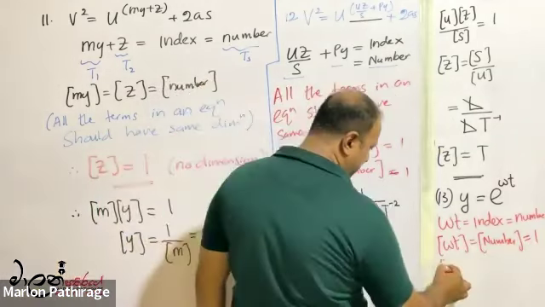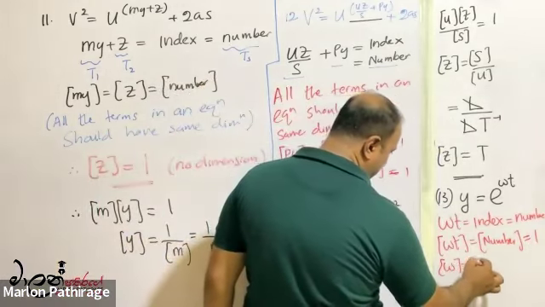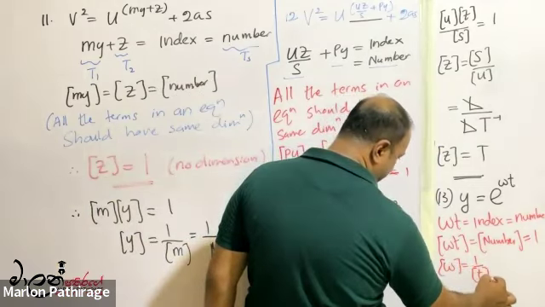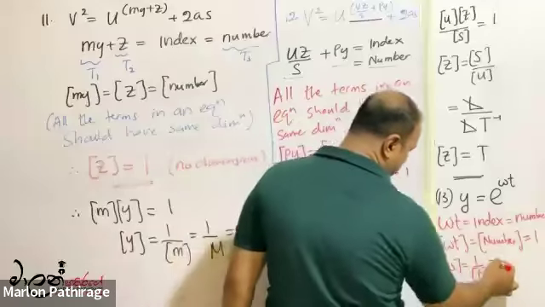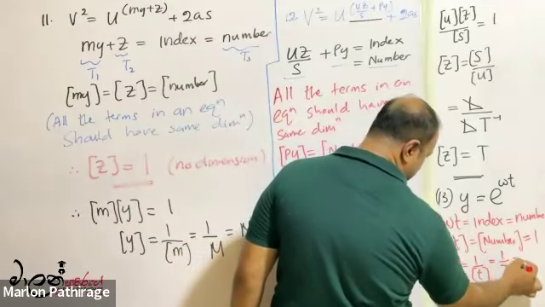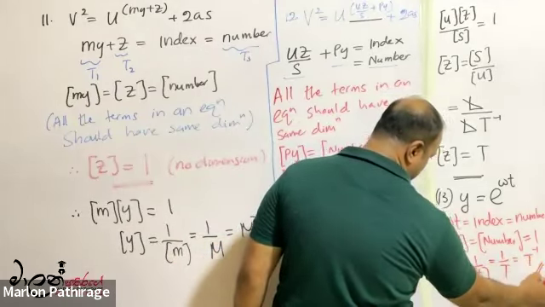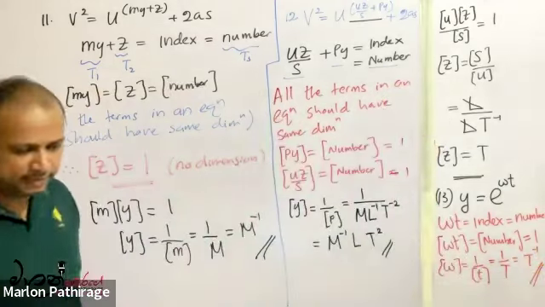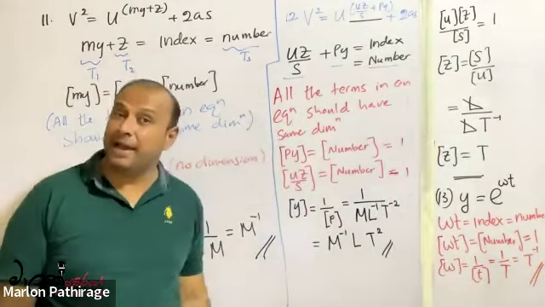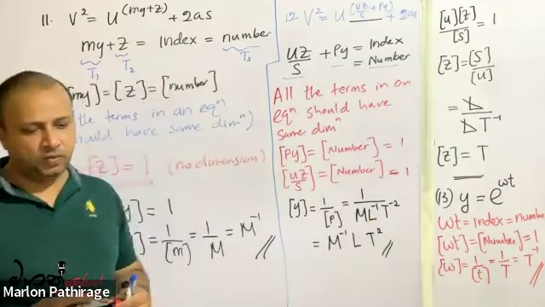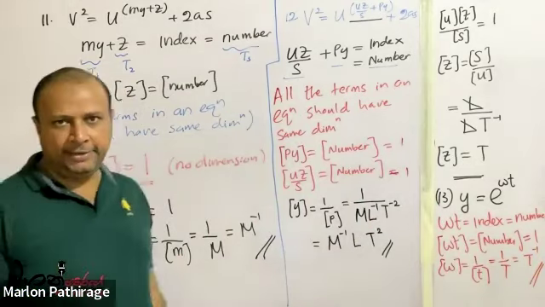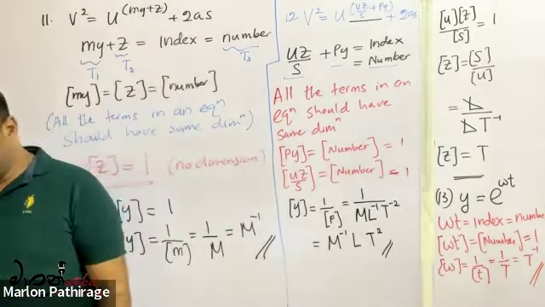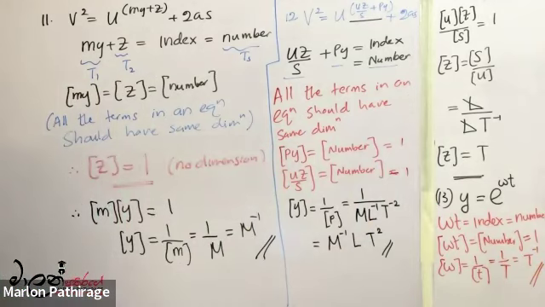Therefore, dimension of omega means 1 over dimension of T, 1 over capital T, that is T minus 1. Therefore, dimension of omega is equal to T minus 1. That is the answer for this question. Is that clear? Yes.